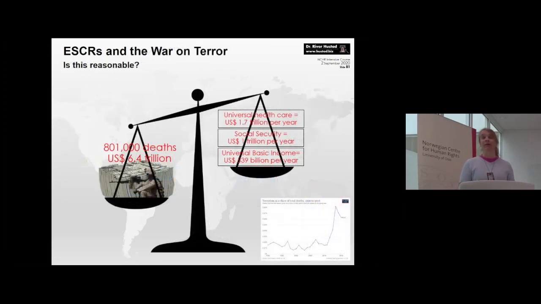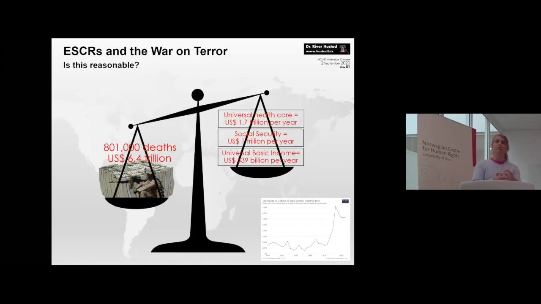And I would just compare that to the war on terror. In the war on terror, the US alone spent $6.4 trillion, and the war on terror has resulted in over 800,000 deaths. If we compare that to what that could have bought in the United States, and to the graph on the number of terrorism deaths that have occurred throughout the world, that was probably a waste of money. So from an economic, social, cultural rights perspective, what could have been the better spending of the money?